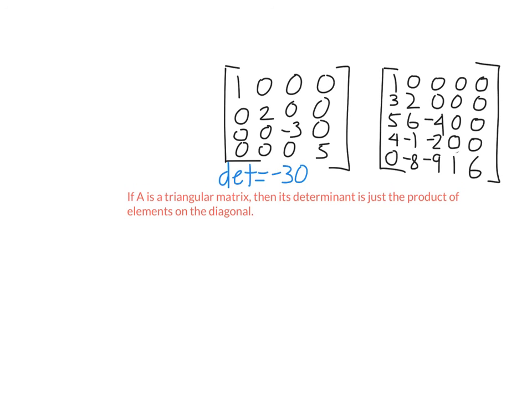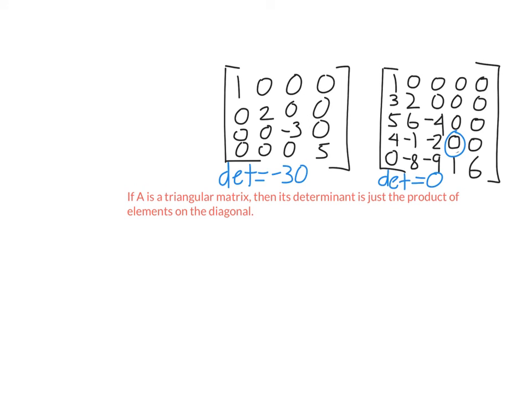The determinant of the next matrix can be calculated in the same way because it's lower triangular. There are no non-zero elements above the leading diagonal. Because there's a 0 on the leading diagonal, if you multiply all the elements together on the diagonal, you just get 0. That will be the determinant of this matrix here.